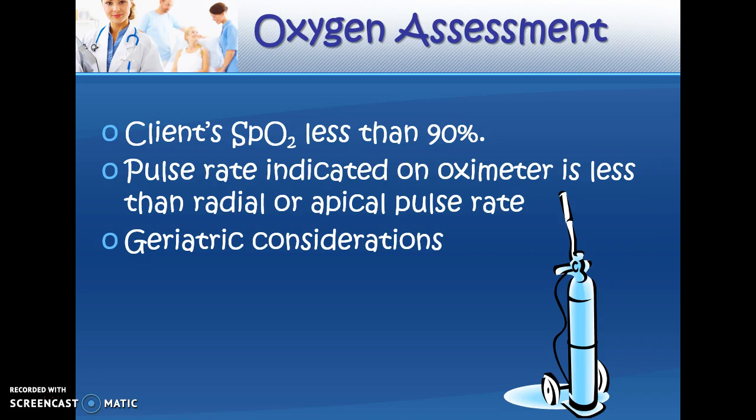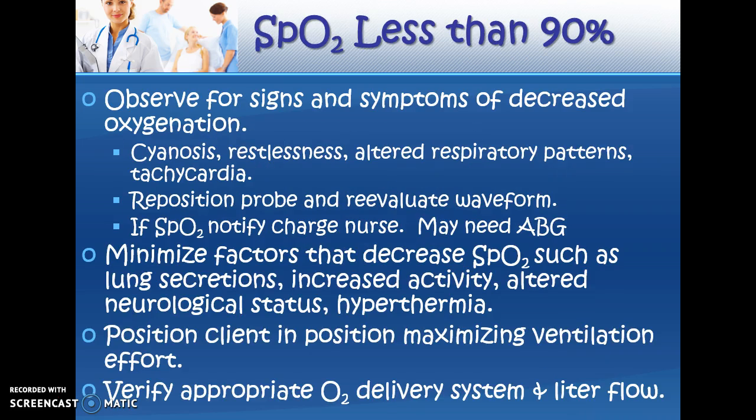We want to make sure we're observing for signs and symptoms of decreased oxygenation, such as cyanosis, restlessness, altered respiratory patterns, and tachycardia. So we want to be sure we're looking for those. Reposition the probe and reevaluate the waveform.